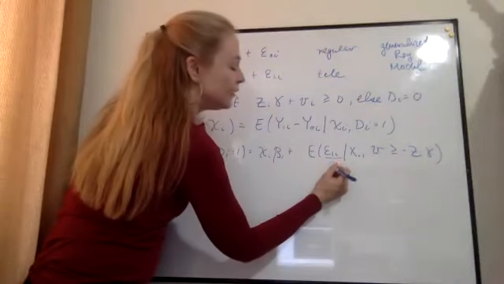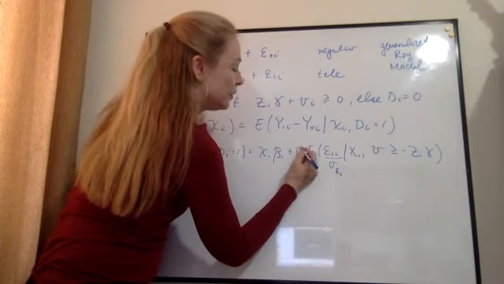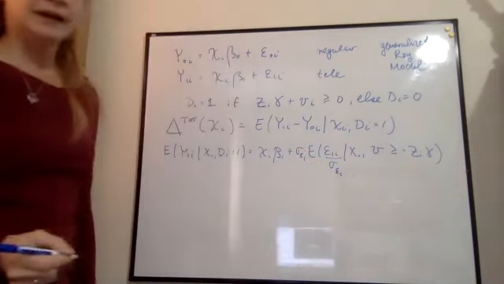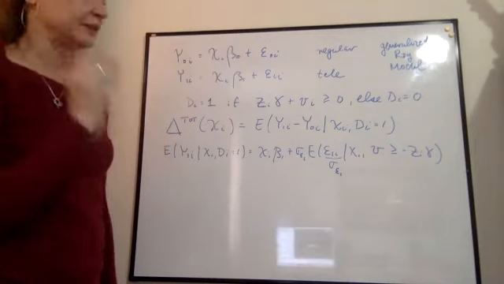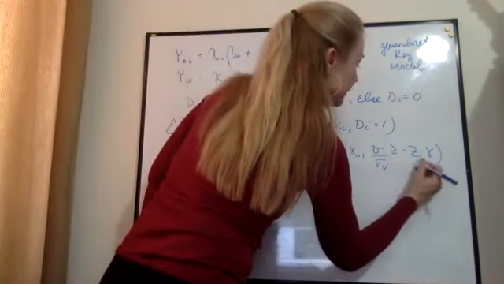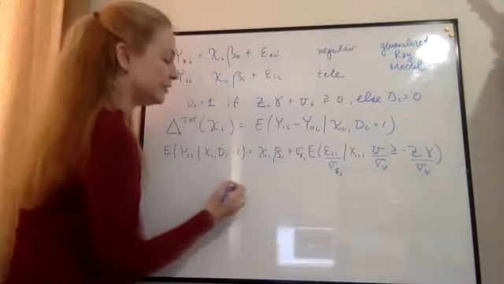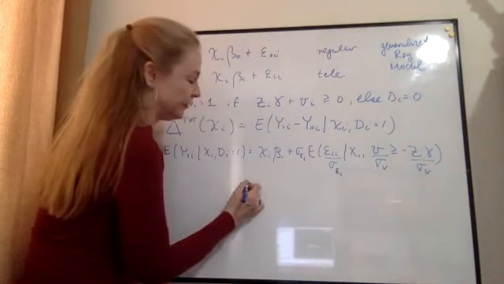Then I normally like to standardize everything. You don't have to, but I think it just makes it a little easier to apply these formulas. And then you just come up with the Mills ratio for this case.